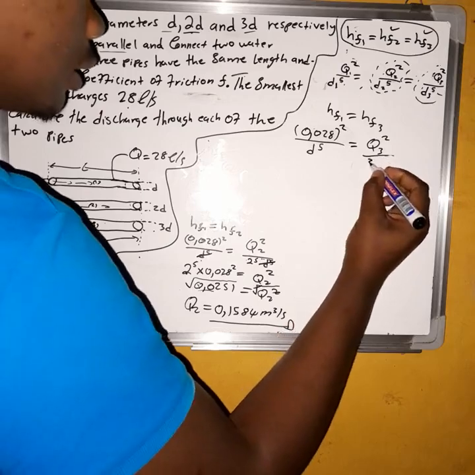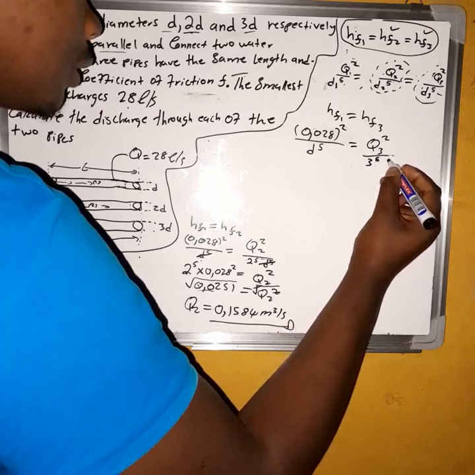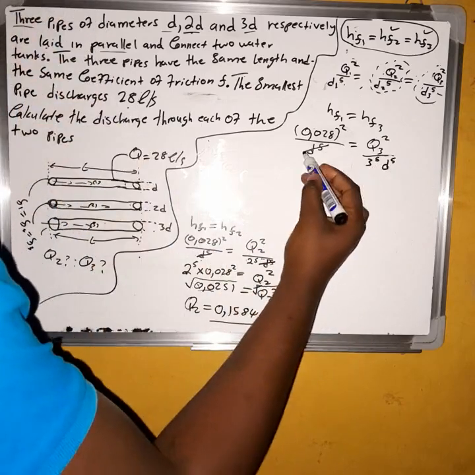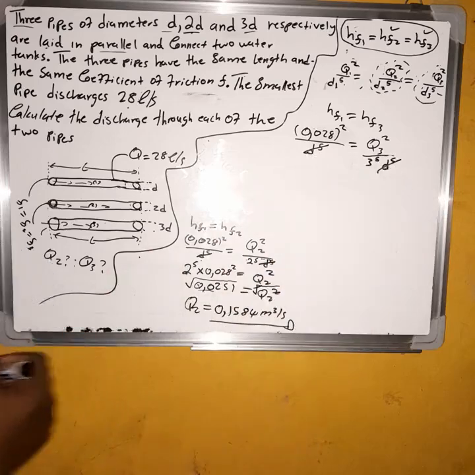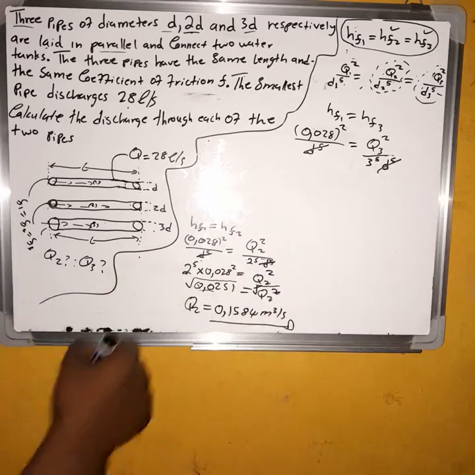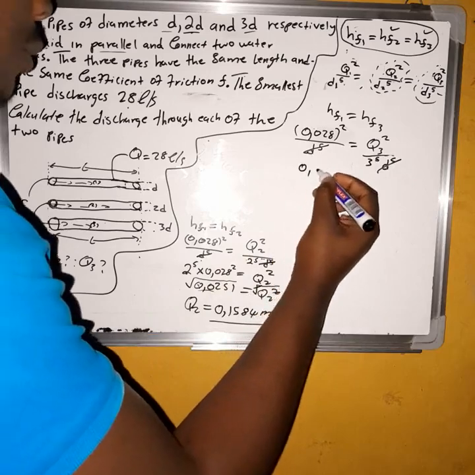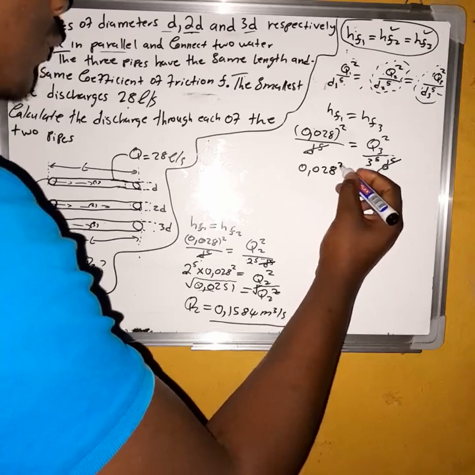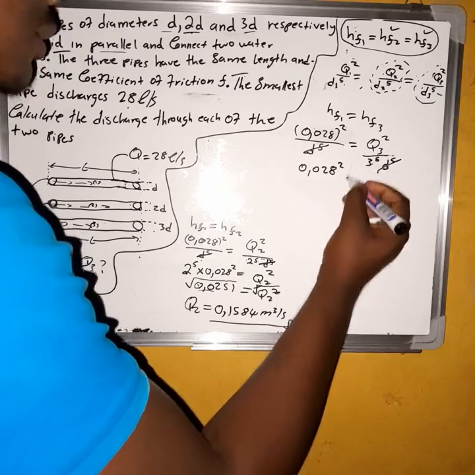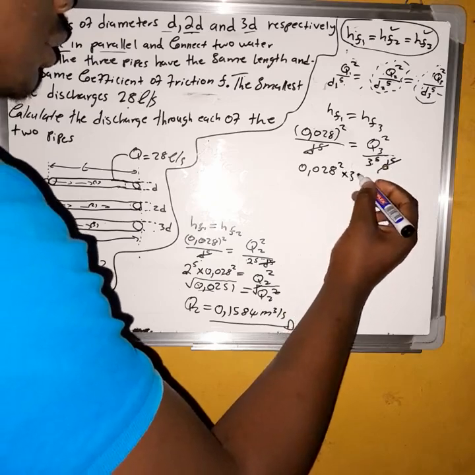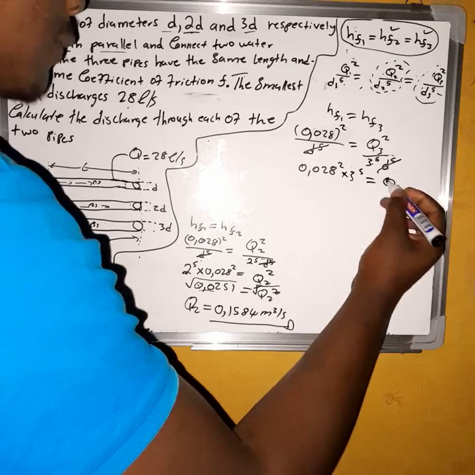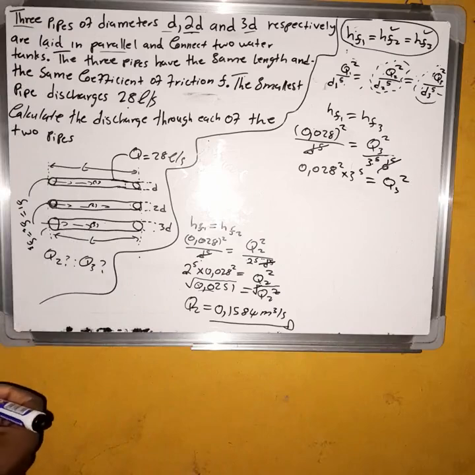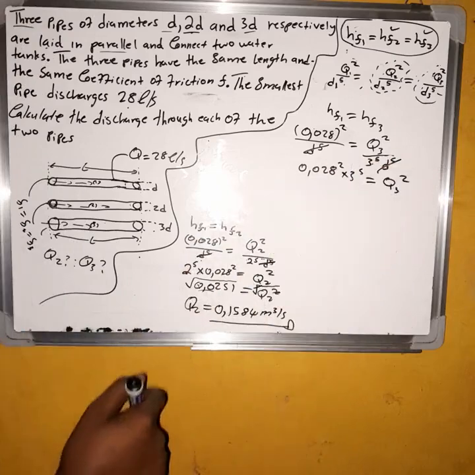Mathematically this is the same since it is multiplication. Then we have 0.028 raised to the power of 2 multiplied by 3 raised to the power 5, which leaves Q3 squared.